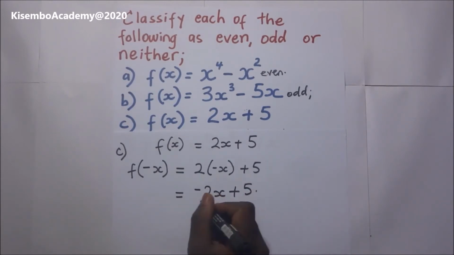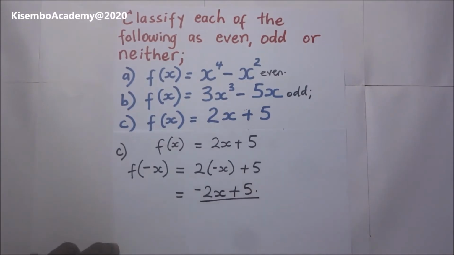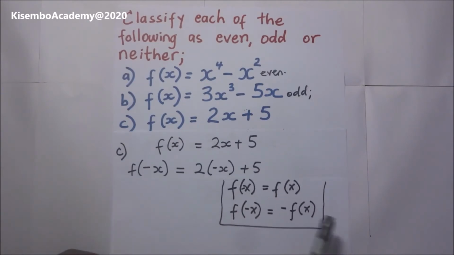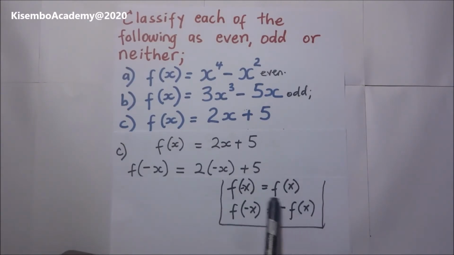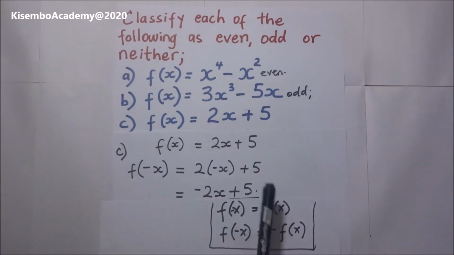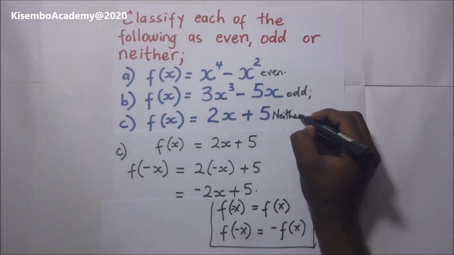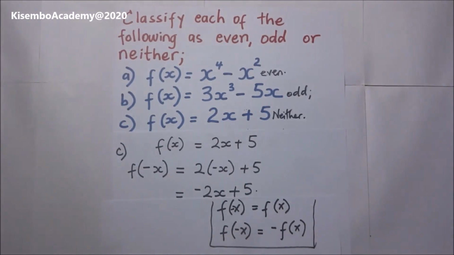Now this does not satisfy any of these conditions. It does not satisfy this condition, it does not satisfy this condition. So that means the function in part C is neither odd nor even.